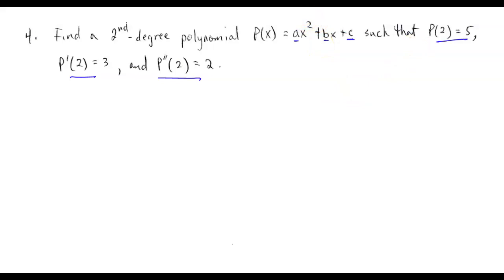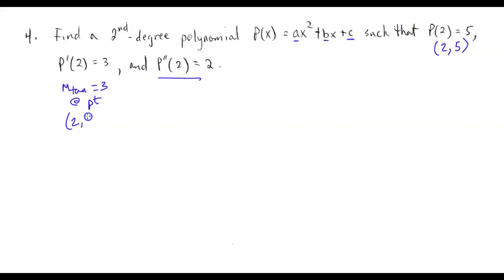Conceptually speaking, it's telling us that I have a point (2,5) on the graph of this second degree polynomial, quadratic function. The second thing it's telling me is that at the point (2,5) on its graph, the slope of the tangent line is equal to 3.